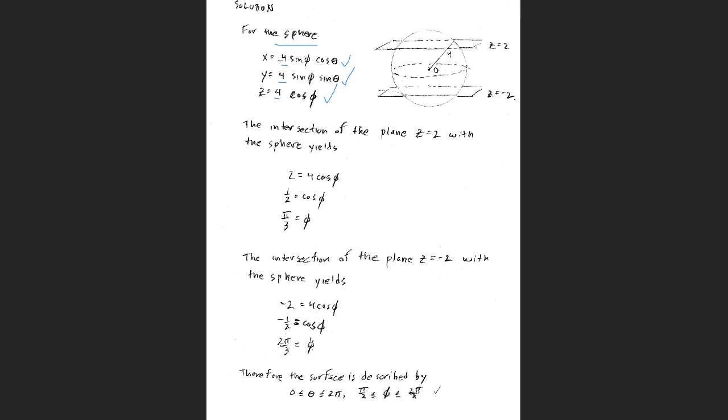On the right, I draw a sphere with radius 4, and a couple of planes that cut through it. It makes sense the planes would cut through that sphere because the sphere has radius 4. So those planes z equals 2, z equals -2 are going to cut through that sphere.